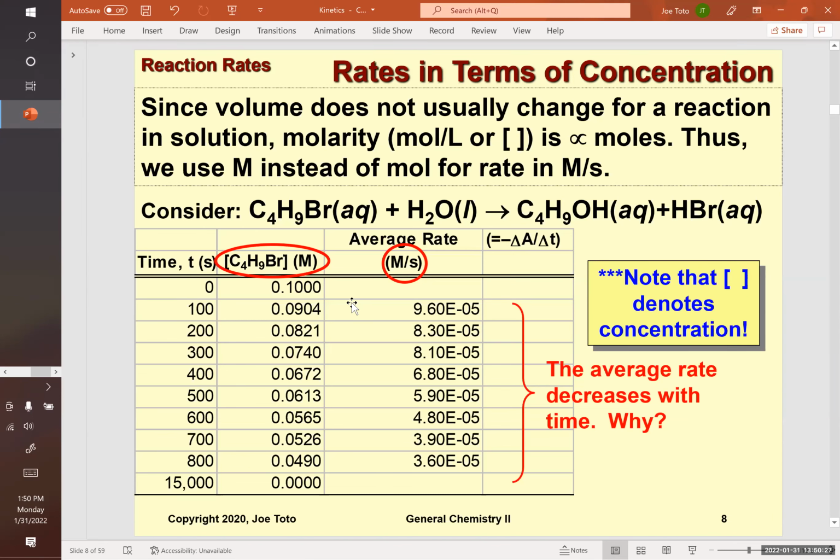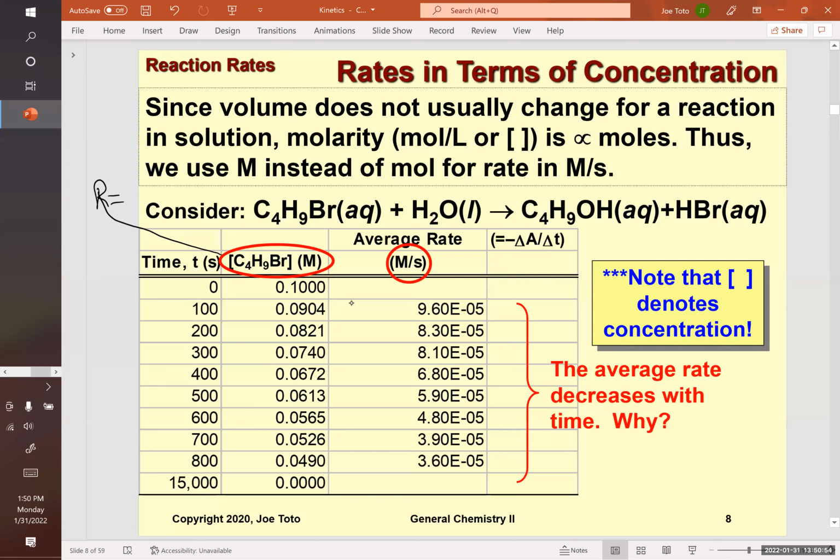Now, for chemical reactions, when we go to the lab, we don't usually measure directly in moles. We measure concentrations and see how concentration changes. So instead of using that equation that we just introduced for rate, we use a similar equation, except that equation for rate talks about the change in the concentration.